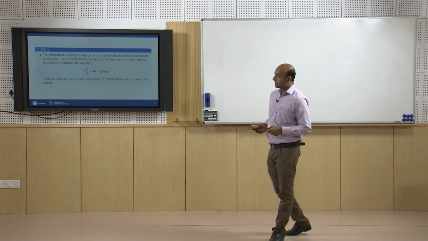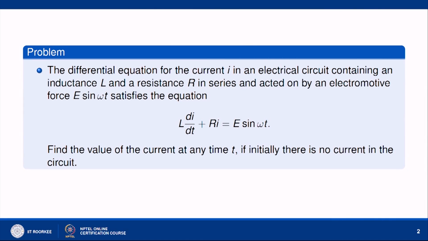The first problem is: the differential equation for a current I in an electrical circuit containing an inductance L and a resistance R in series, and acted on by an electromotive force given by E sin omega t, satisfies this differential equation. What is the differential equation?